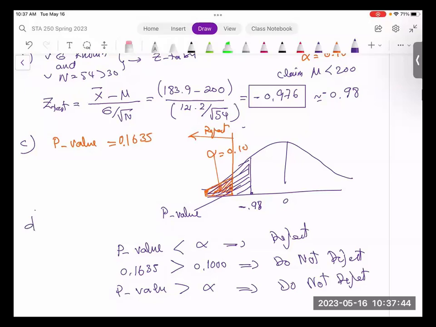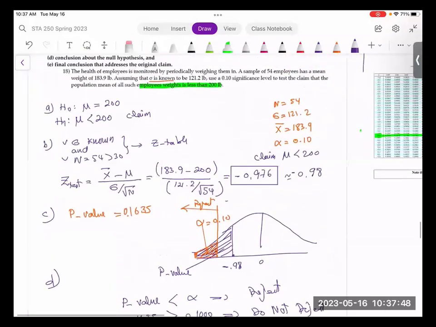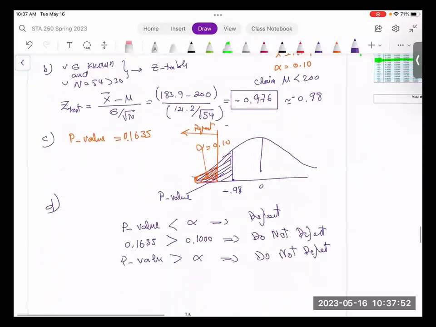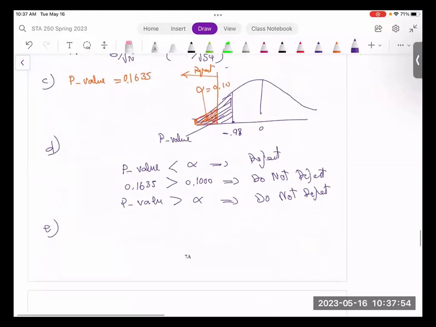This is D. And if I'm done with D, what is the statement here? Final conclusion. Do you have enough evidence or you don't have enough evidence? You did not reject. Whenever you reject, you have evidence, right? No evidence.